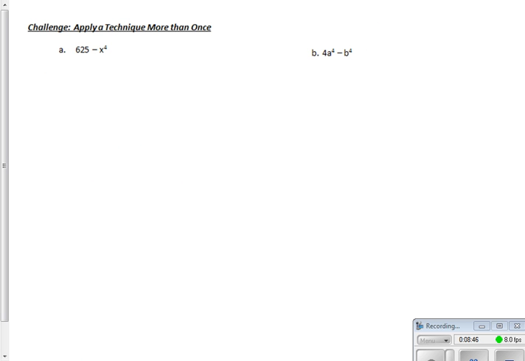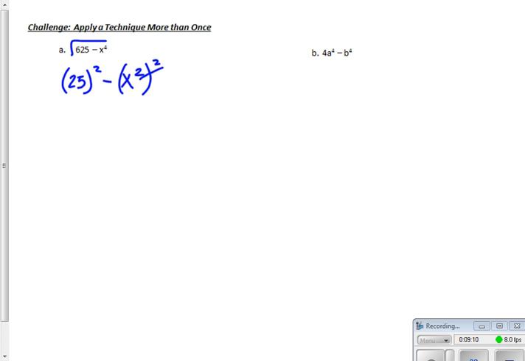These challenge problems here, I'm going to work through one and I'm going to have you tackle the other. The first problem that we have here is, well, we need to go ahead and envision the square root again, and if we square root 625, we'd end up with 25 squared minus x squared, and this would be squared because we have that power to a power, right?